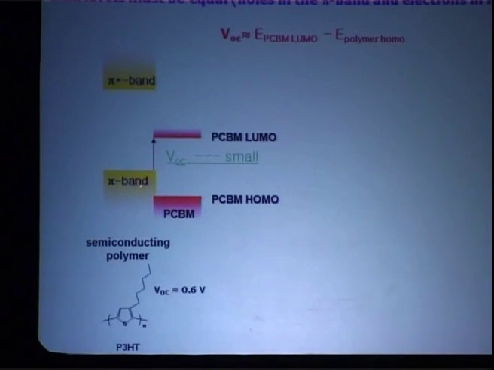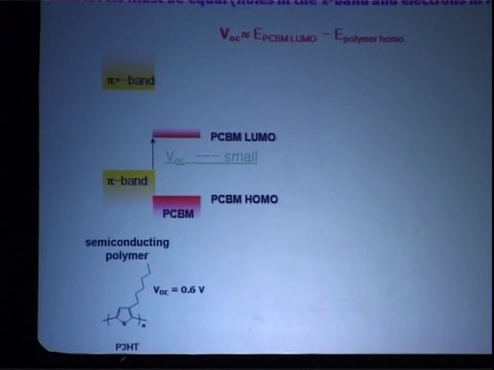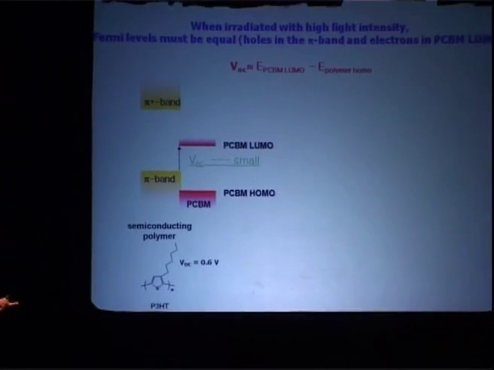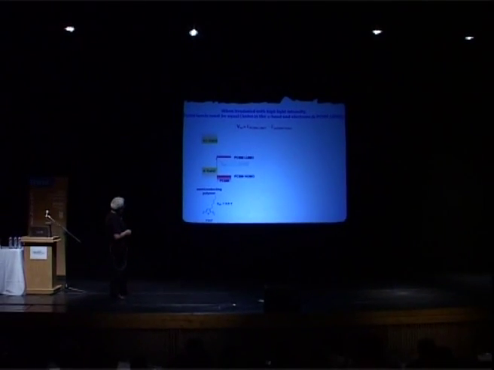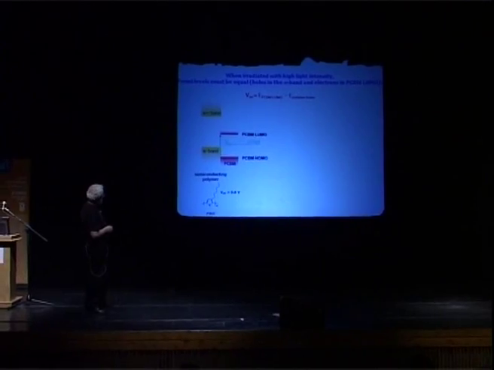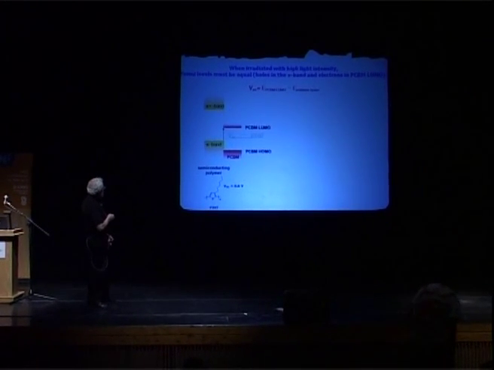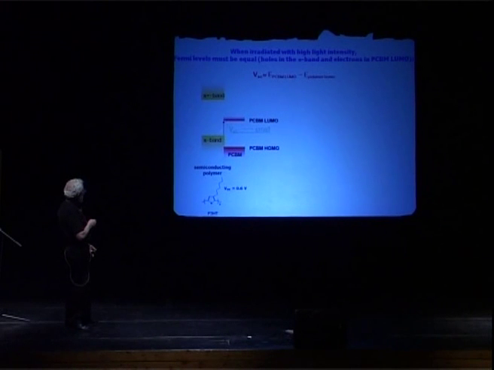So the open circuit voltage is this number: the energy difference between the LUMO, the lowest unoccupied molecular orbital of the acceptor, minus the top of the pi band, the highest occupied state of the polymer. Now, the system that I showed you earlier, and the system that was being made on that plant right now, is using poly-3-hexylthiophene, this polymer, and it turns out that the energetics are such that you get very fast electron transfer.